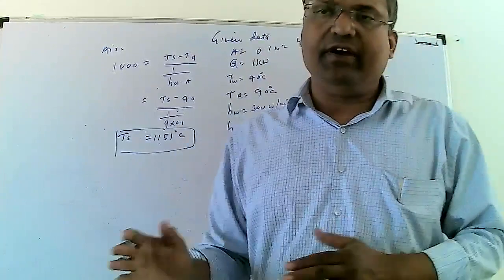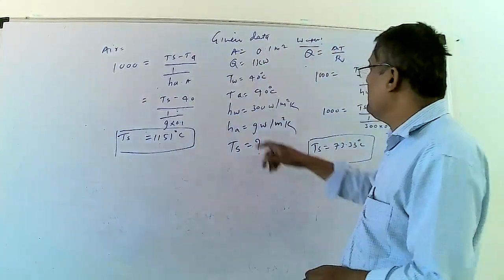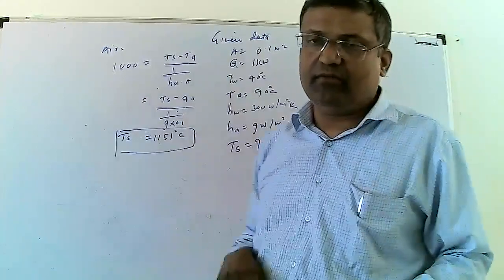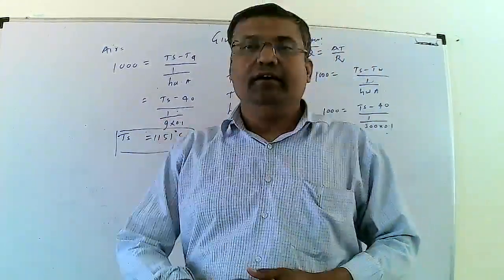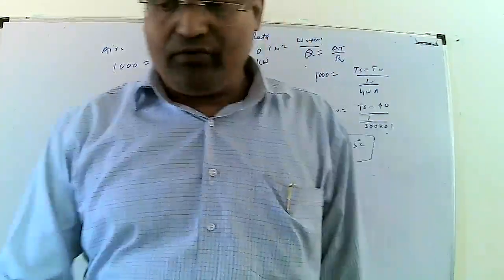Then similarly we find out for the air. The formula will be same, but instead of water we replace it with air. Then we can easily calculate the surface temperature. Okay. Thank you.